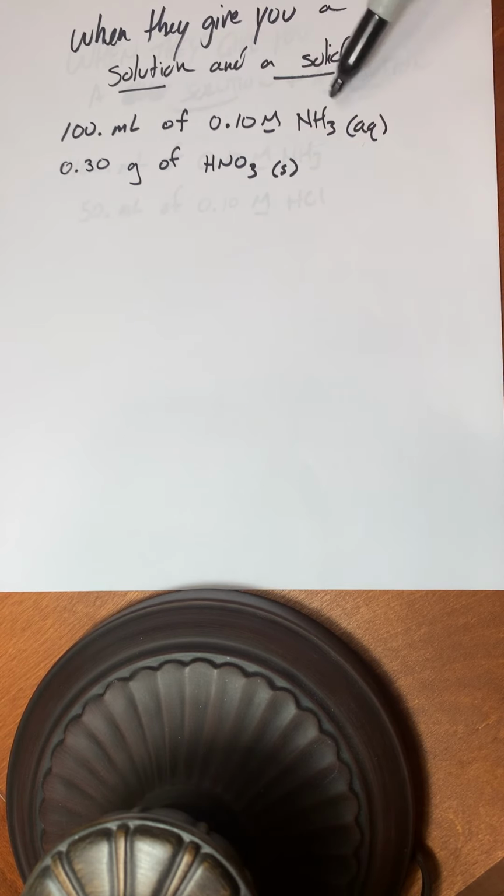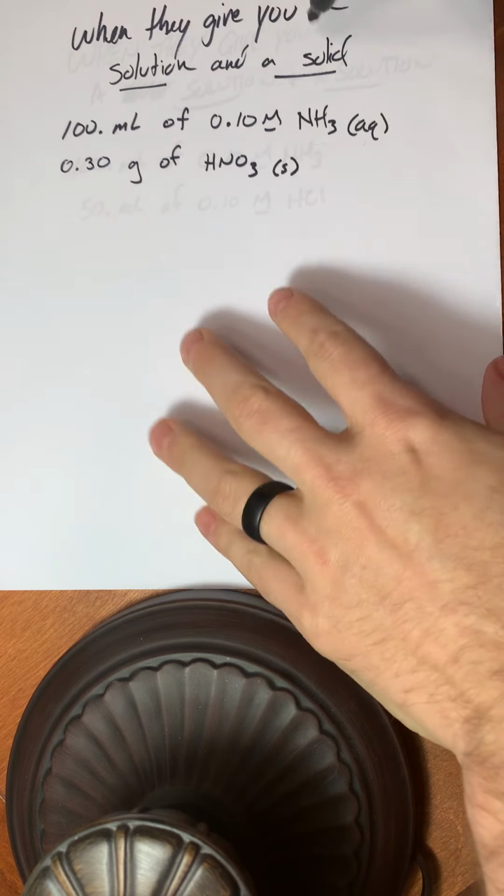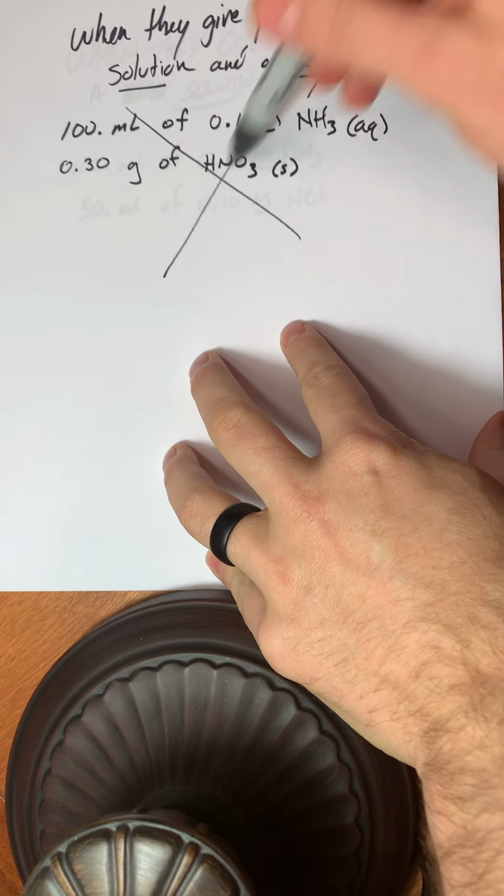Well, it could be a solution of the weak base. Again, I'm going to use ammonia. So a solution of ammonia and a solid strong acid. Well, guess what? I've never seen that, so we're not going to do this.